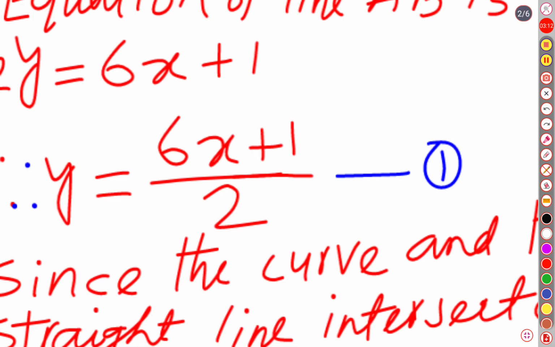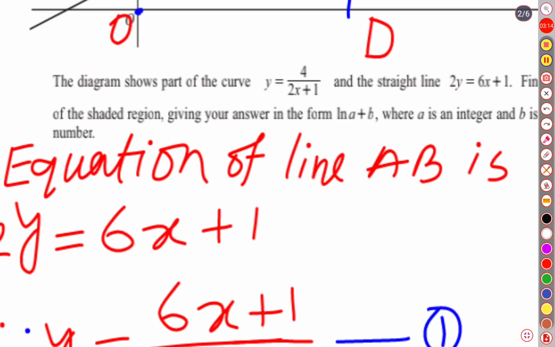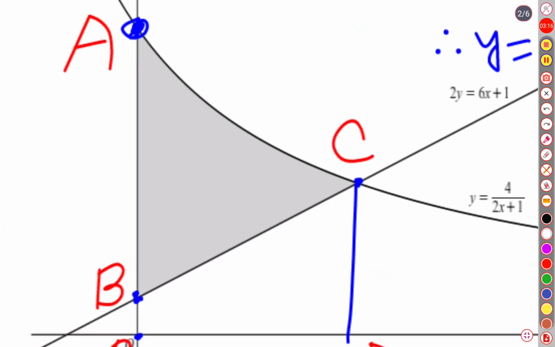Well, then we can see from the figure that the curved line AC and the straight line BC are intersecting. Both of the lines are intersecting at C. As they are intersecting each other, both of them will have the same coordinates at this point.